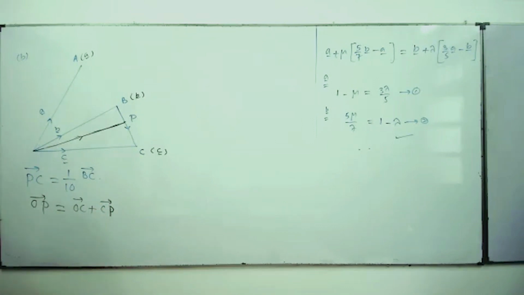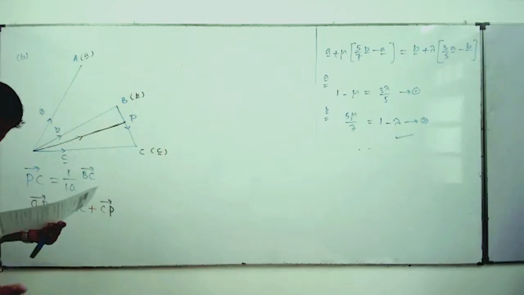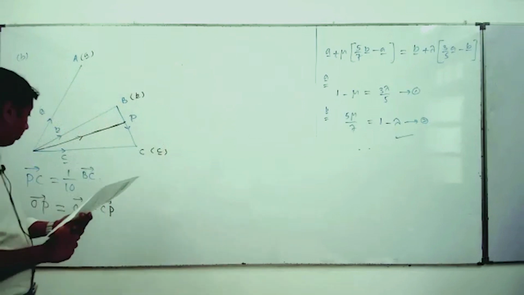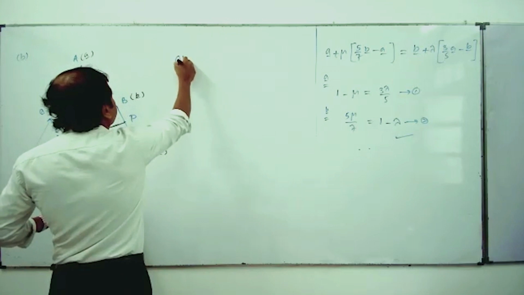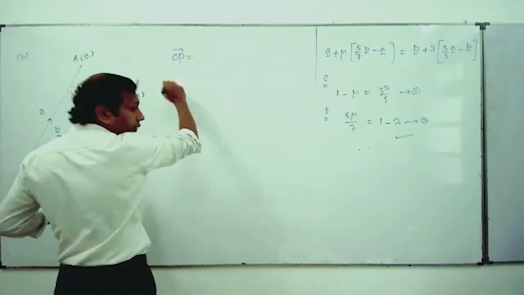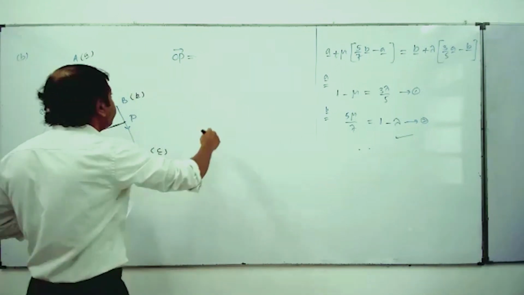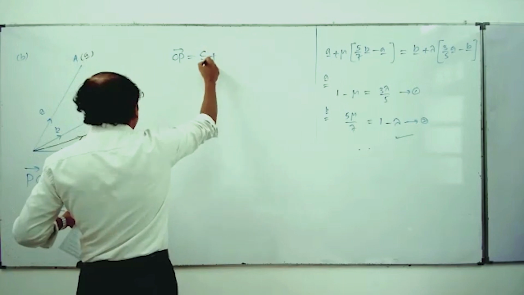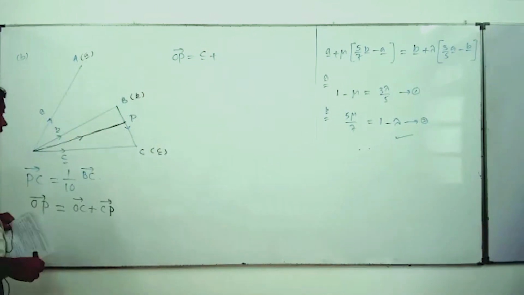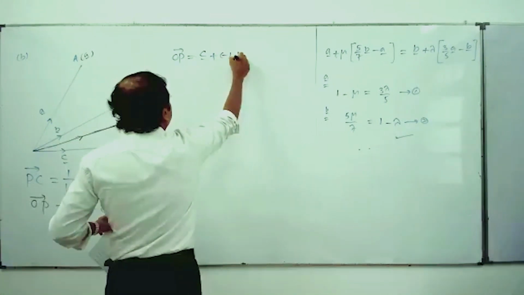Then vector OP we can write: vector OC is simply the vector c. Vector CP we can write as minus PC.